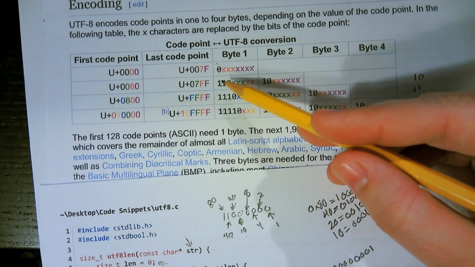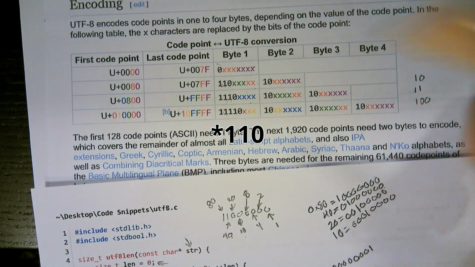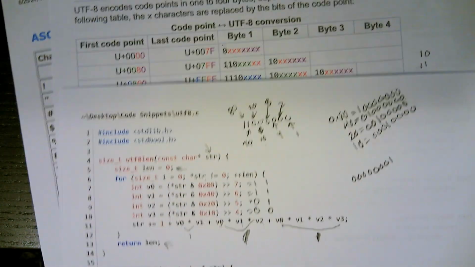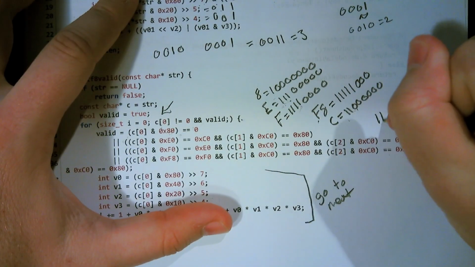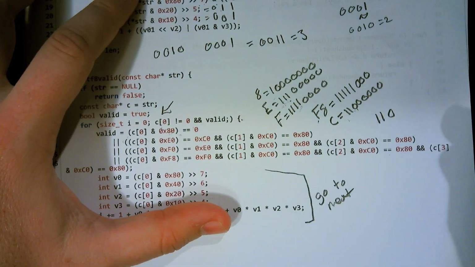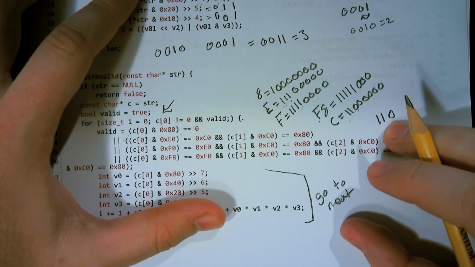So let's take an example, because this is getting in the weeds a little bit. Let's go back to our example for a 2-byte character. So let's say 110 is our 2-byte character. This means we have 2 bytes coming in.